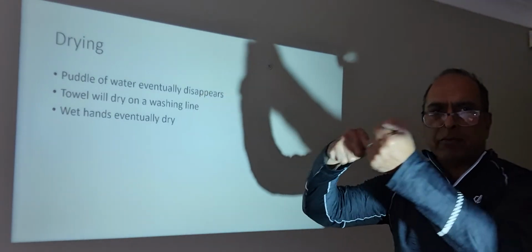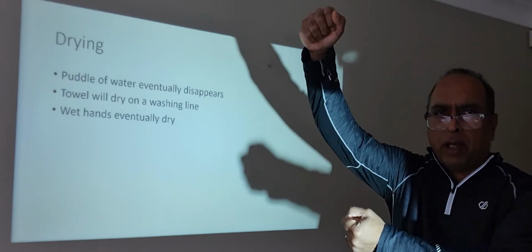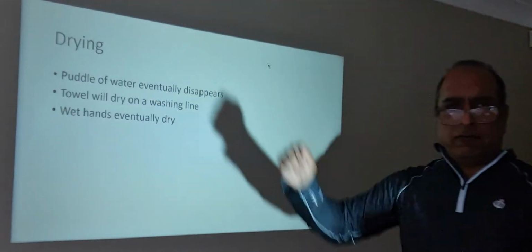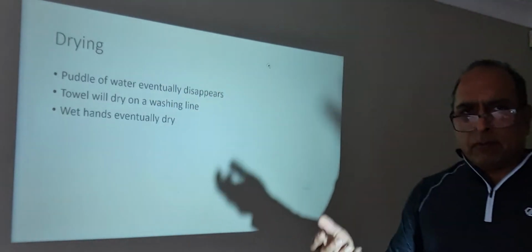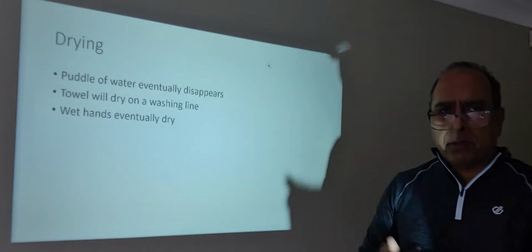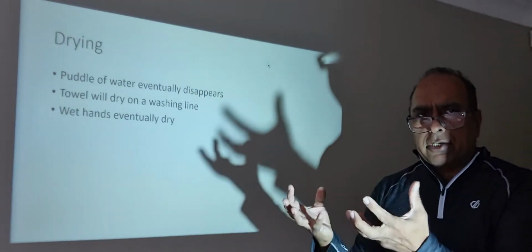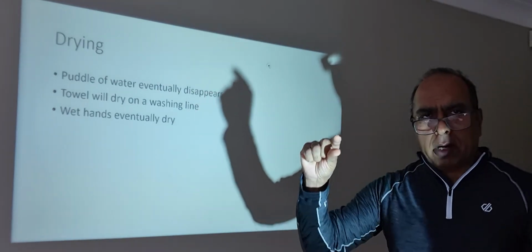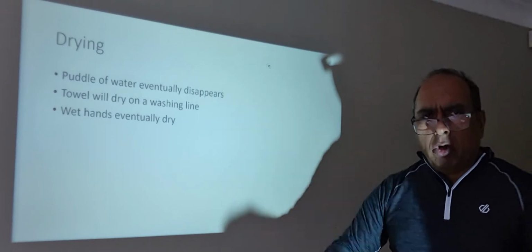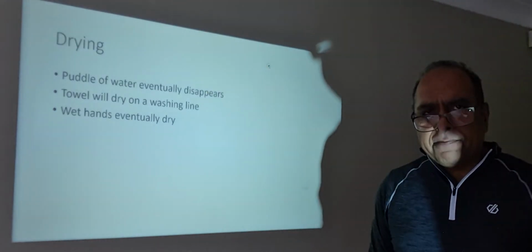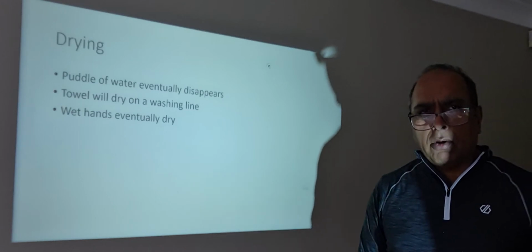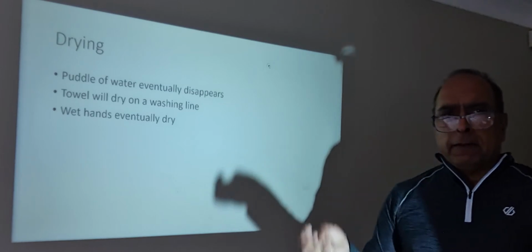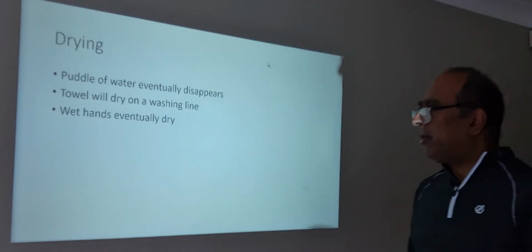Every now and again from the surface, one particle will leave the puddle, and then another one will leave the puddle, and other ones will leave the puddle from all over the surface of the puddle. As these particles are leaving, then that puddle will get smaller and smaller until all the particles have left, and then that puddle is no more. There is no more puddle. That bench will then be dry. The process, as I say, is called evaporation.